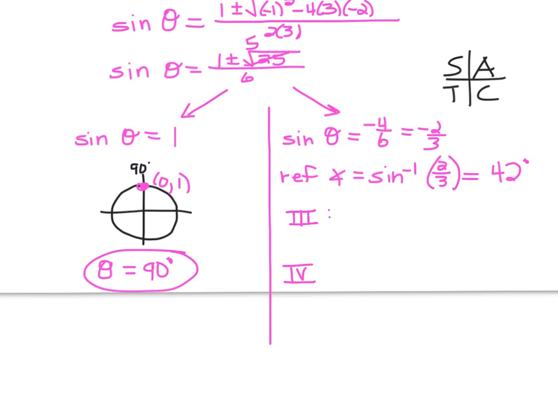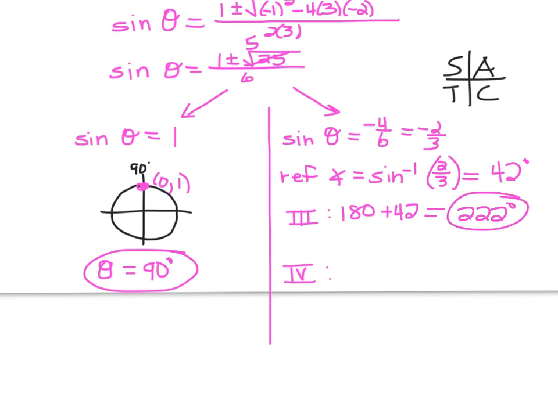Okay, so in the third quadrant, we know that when we're solving trig equations, rather than using theta minus 180, we do 180 plus the reference angle. So if we do 180 plus 42, that's going to give us 222 degrees. So that's our third quadrant angle.